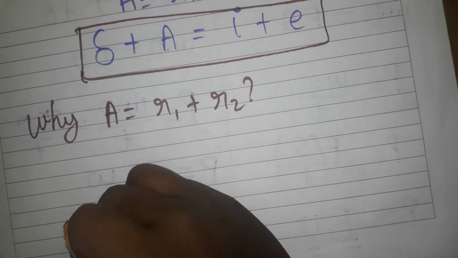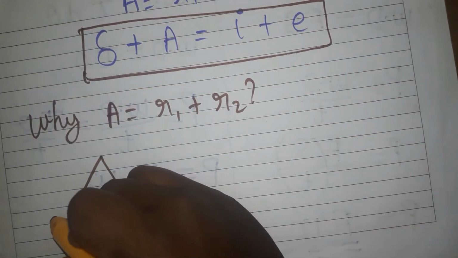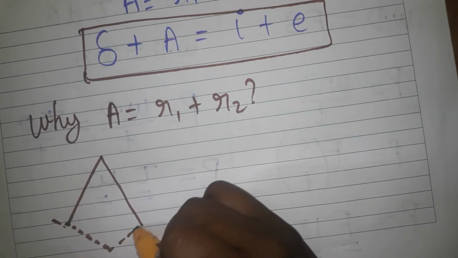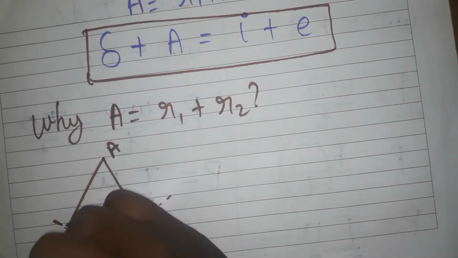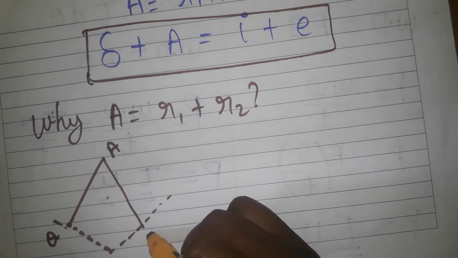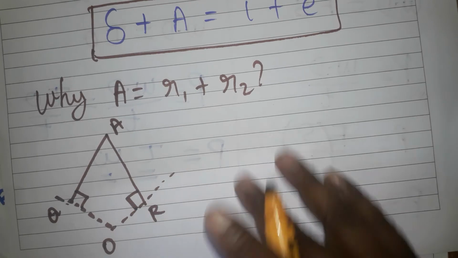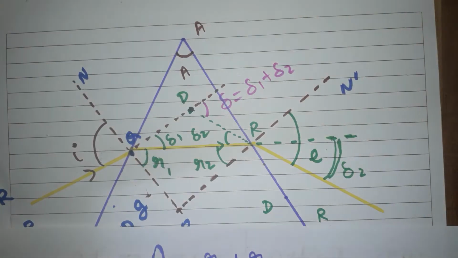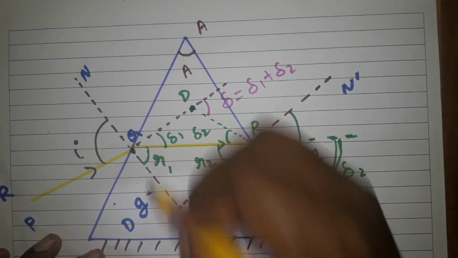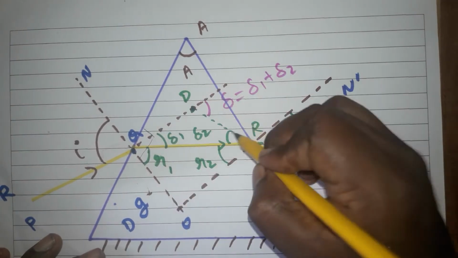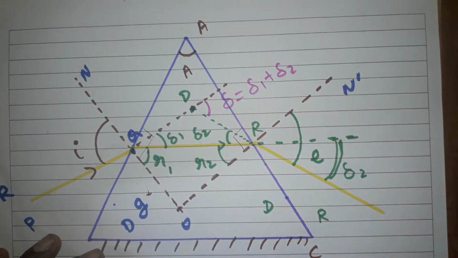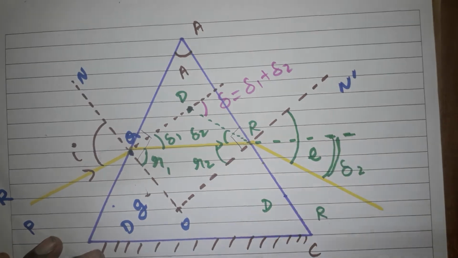I will draw it here: A, this normal is coming this side, this is the normal. A, Q, O, R, this is what I have taken. The normal is always 90 degrees. I'll show the diagram. So this part we can take as 90 degrees, this one 90 degrees, and this one 90 degrees. 90 plus 90 gives 180 degrees.